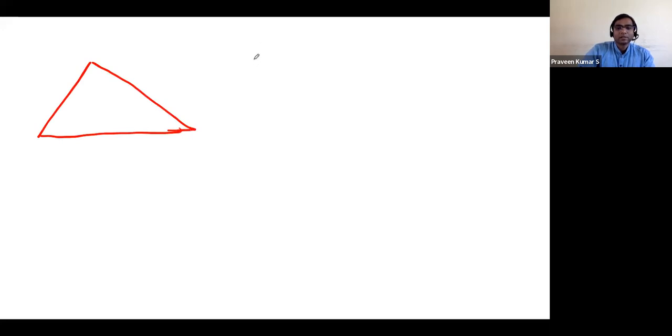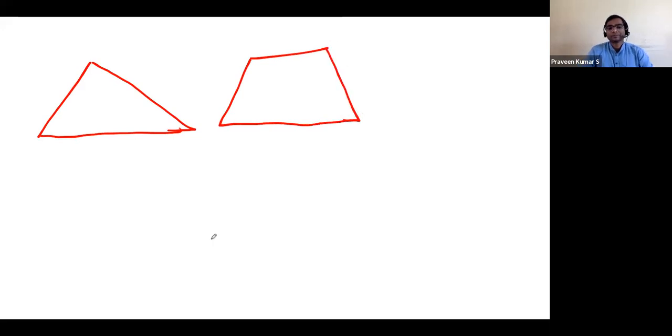Whenever you have a closed figure, you will have a polygon, right? So whenever you have a polygon, how will you calculate the interior angles? How do you calculate the sum of the interior angles? Yes.